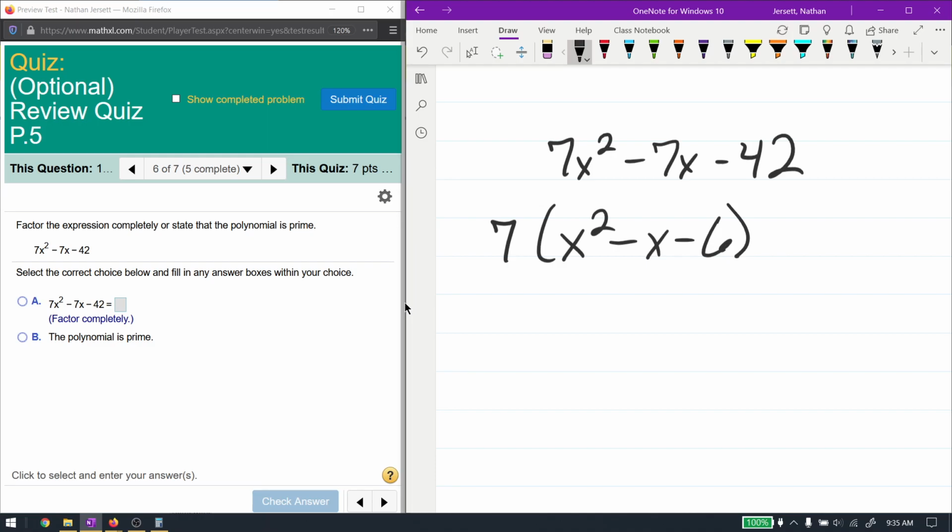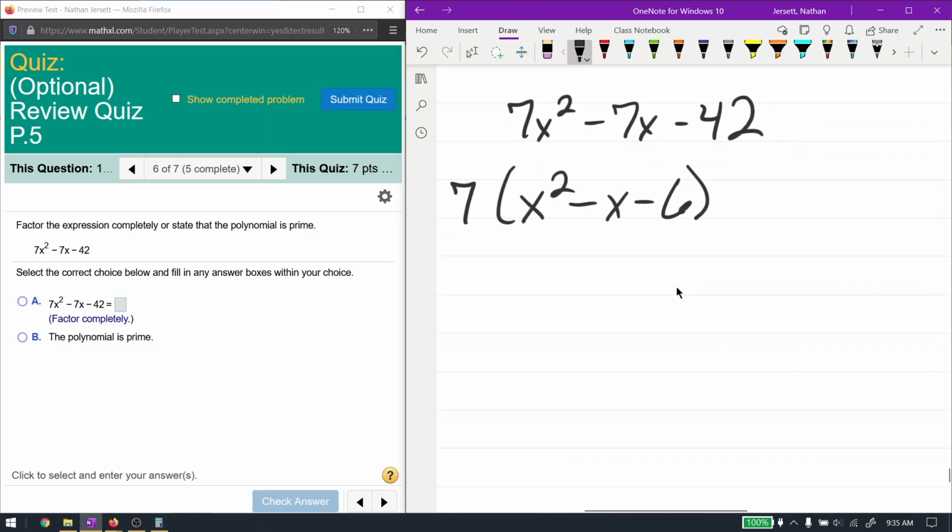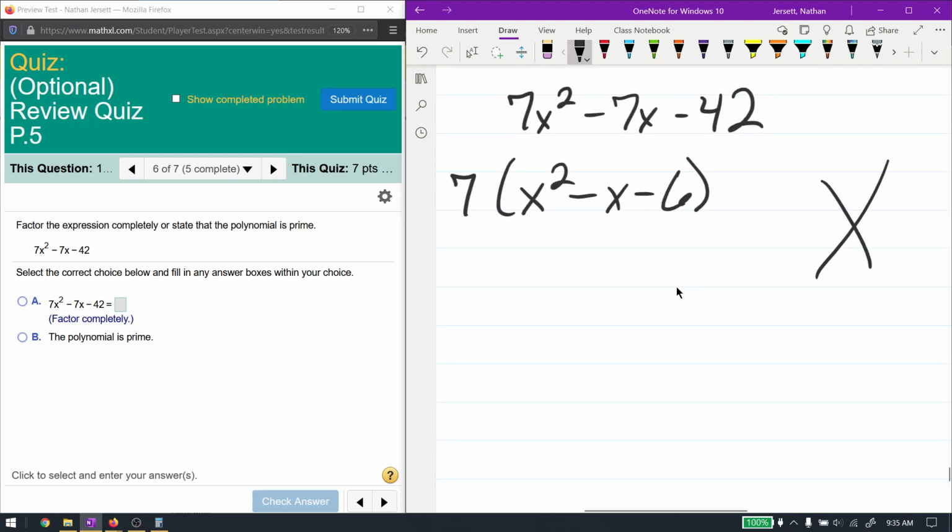42 times 6. And now this one is the AC method. I can use that to solve this guy. So I create a little diagram. We have A is, this is the same thing as 1x, so A is 1, B is -1, and C is -6.